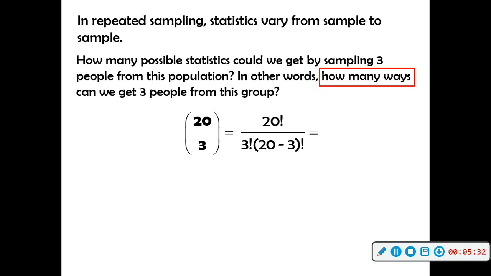And again, factorial means, well, 3 factorial would mean 3 times 2 times 1. 20 factorial would be 20 times 19 times 18 times 17 times 16 times 15 times 14, etc. Okay? And we would find that there would be 1,140 different combinations of 3 teachers that I could get from the 20 teachers that I am sampling from.